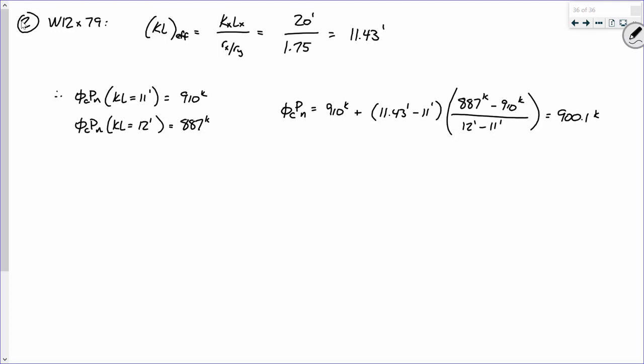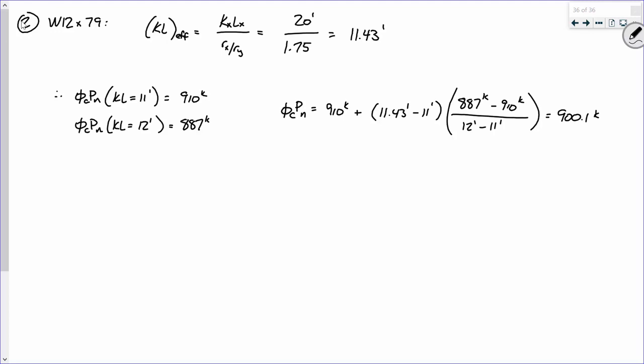So, does that one pass the test? It's A992 steel is what it is. It meets the ASTM spec.